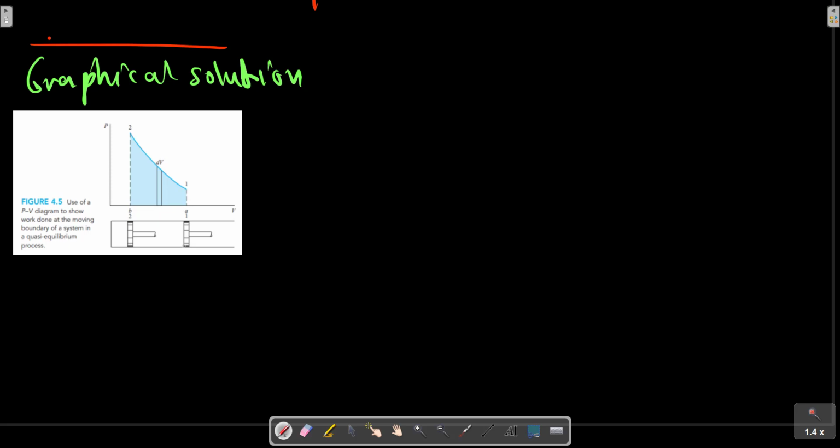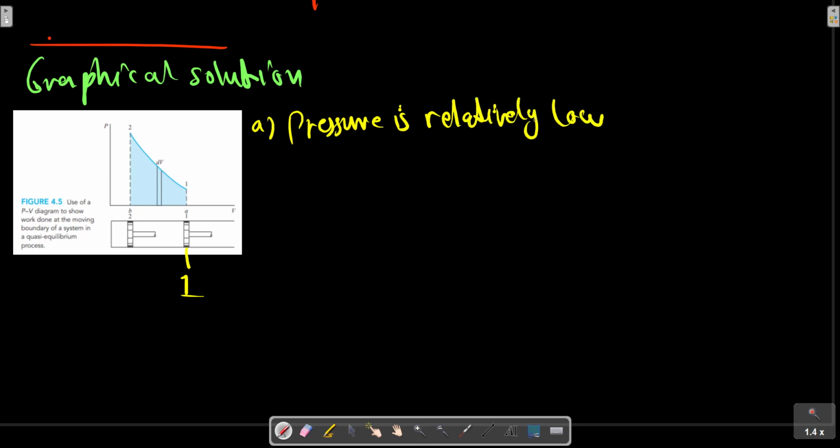This position 1, as shown also in the PV diagram, and the pressure is relatively low.